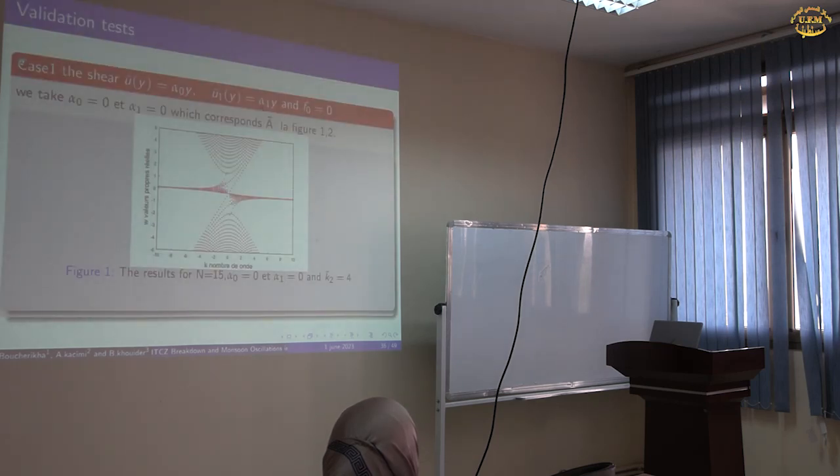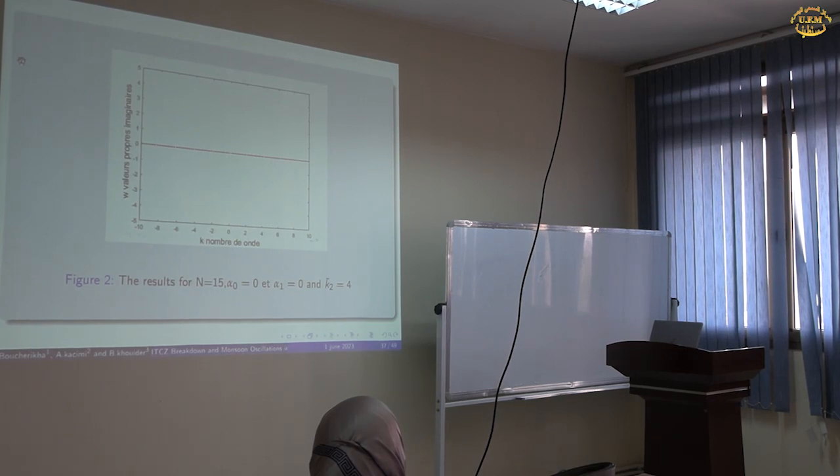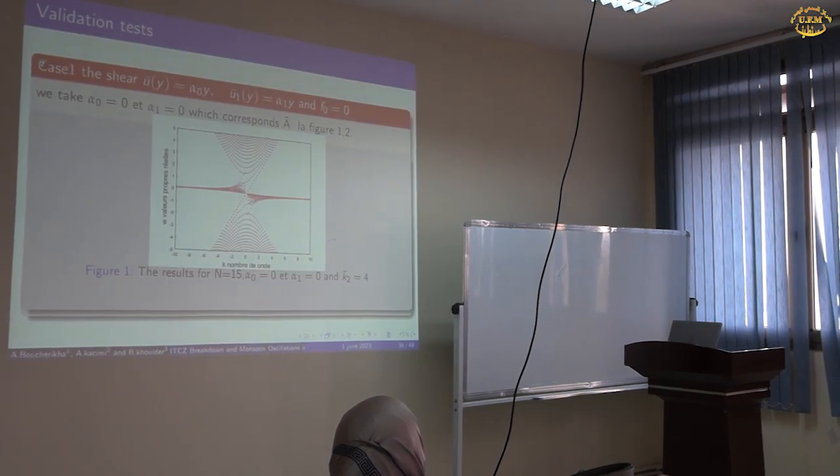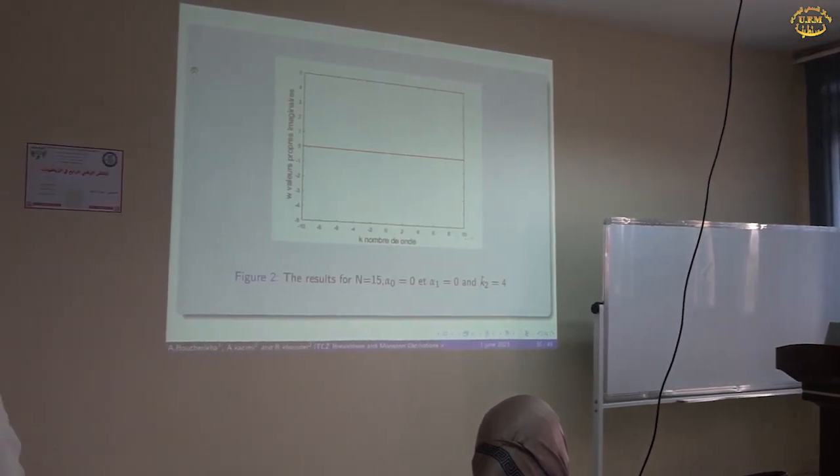Now we pass to the validation test. In case number 1, we put the shear barotropic and baroclinic, and the function f equal to 0, and we take alpha 0 equal to 0 and alpha 1 equal to 0. And we found the real and the imaginary eigenvalues.